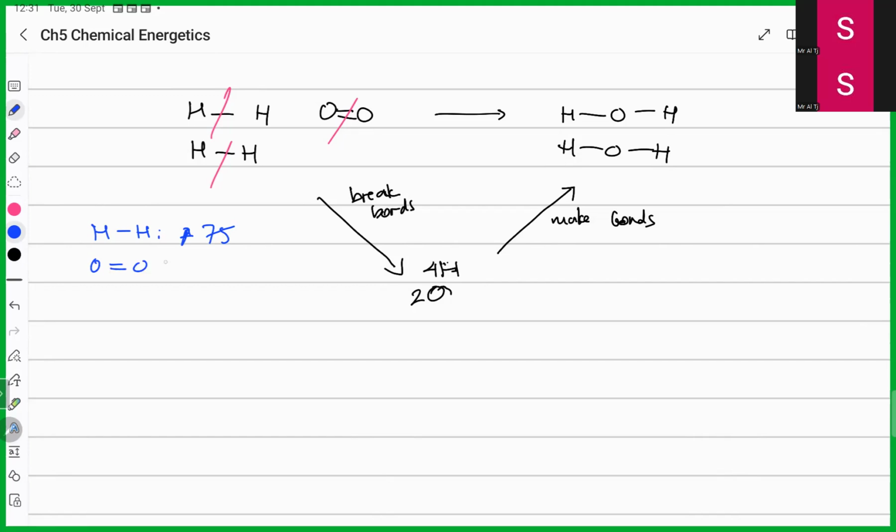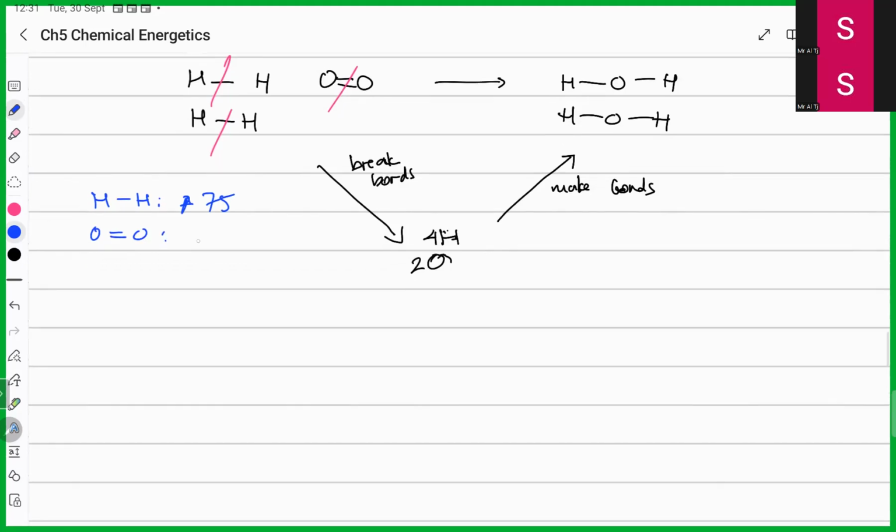Oxygen double bond oxygen, let's say maybe 200 or something. Oxygen to hydrogen, maybe it's just, let's say, 115 or some such. The calculation of enthalpy change is a two-step process. First, we're going to make a list of all the bonds that are being broken.